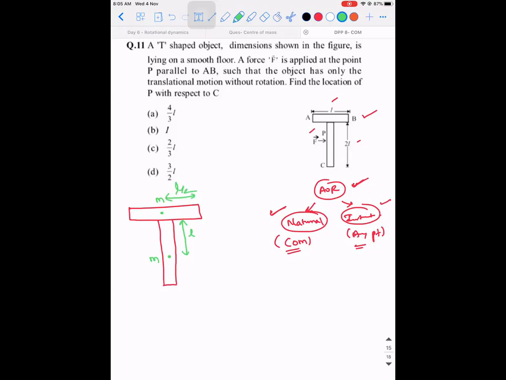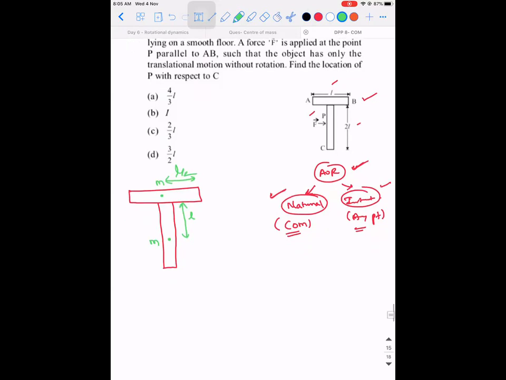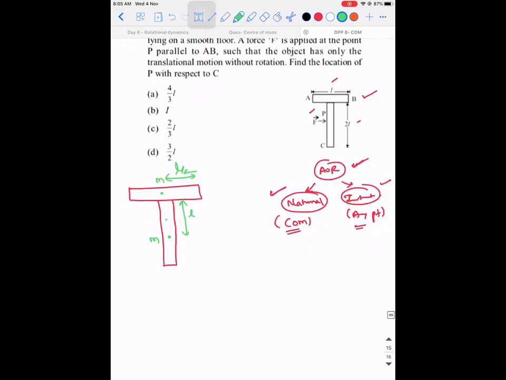Guys, are you able to understand this? Yes, sir. And where is the force F applied? Somewhere over here. So they are asking what is the distance from C to the point where this force is applied.